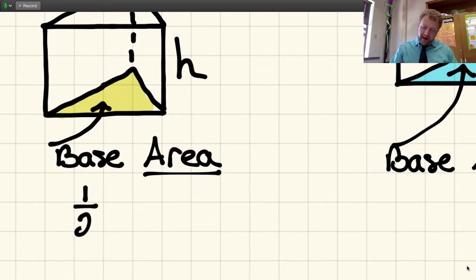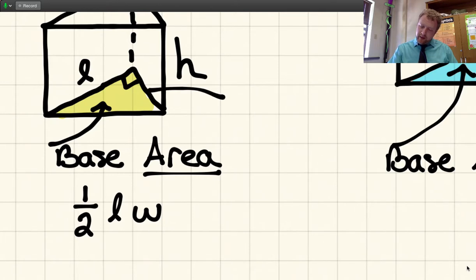Yep, so we do 1/2 the length times the width, or the base times the height. So I'm going to call this back here, this is a right triangle, I'm going to call this the length, and that right there the width.